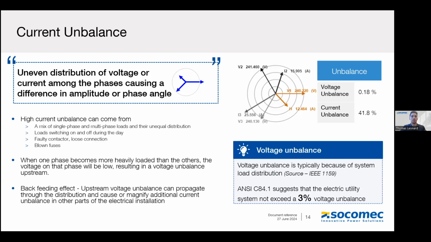So the upstream voltage imbalance can propagate throughout the distribution, and typically a voltage imbalance will magnify the current imbalance by usually 5 or 10 times higher levels. So that upstream voltage imbalance will have consequences on the rest of the distribution and create additional current imbalance.